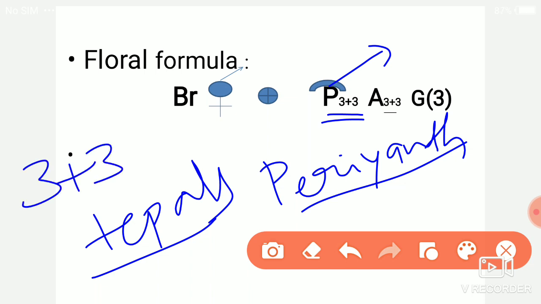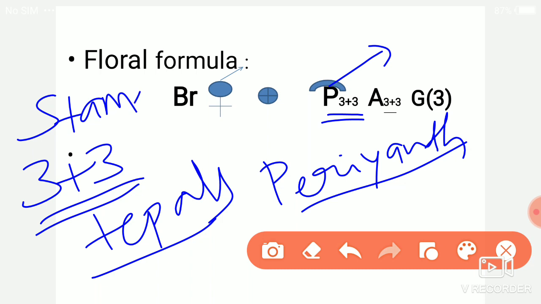That means first 3 will come, after that next 3 will come as 6. So next is androecium. Stamens are there. Even stamens are in 3 plus 3 arrangement, like the perianth.